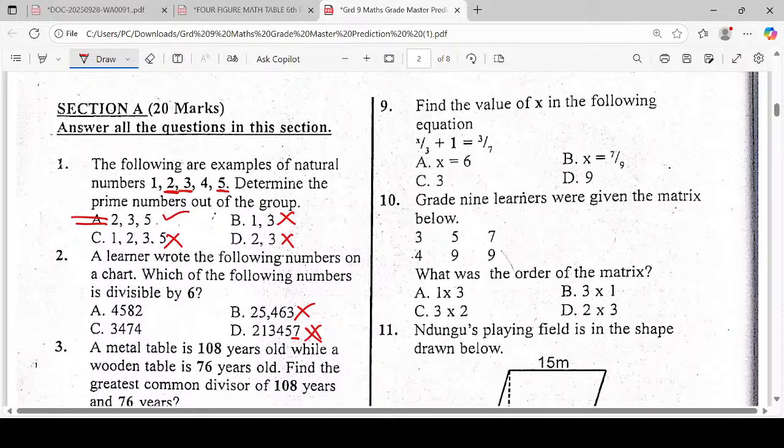What do we do at that stage, learners? We also now need to test the divisibility test for 3.